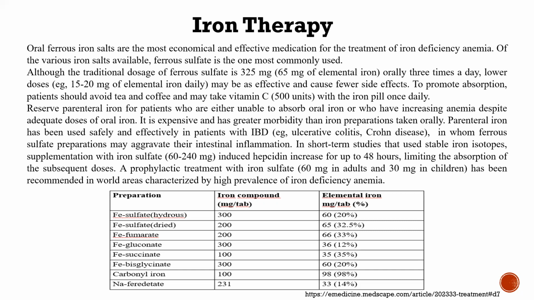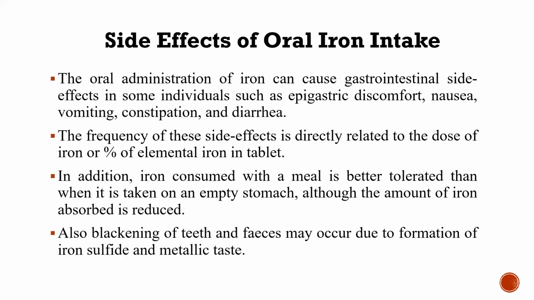Parenteral iron has been used safely and effectively in patients with short bowel syndrome, in whom ferrous supplementation with iron sulfate induces a hepcidin increase lasting up to 48 hours, limiting the absorption of subsequent dosages. Prophylactic treatment with iron sulfate has been recommended in rural areas characterized by a high prevalence of iron deficiency anemia.